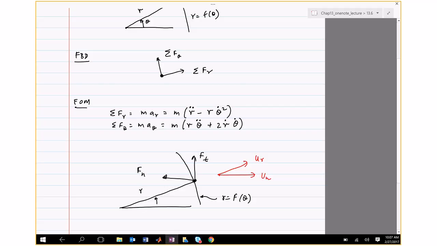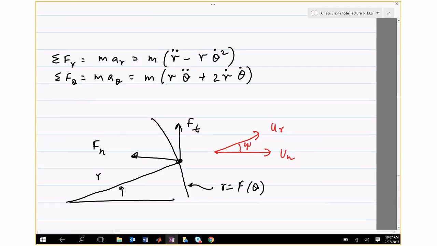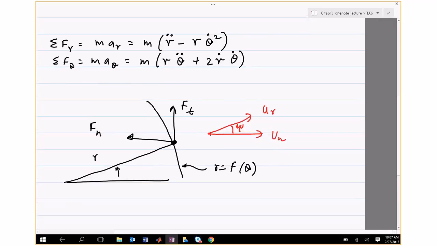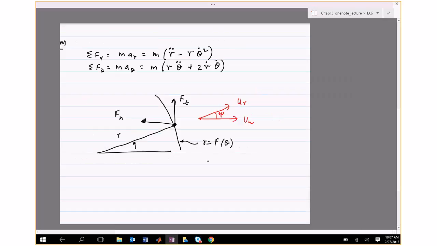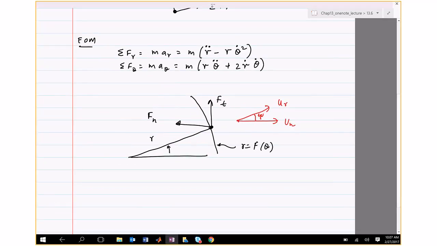And if this angle is, I don't know what this Greek symbol is called, psi. So if you know ur, un, then you can actually find psi: tan of psi is equal to r divided by dr d theta.